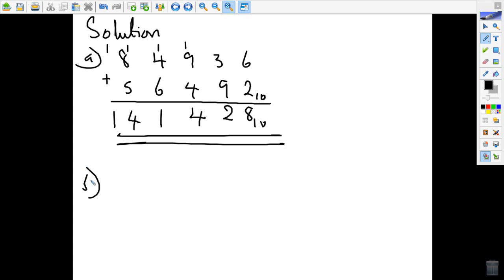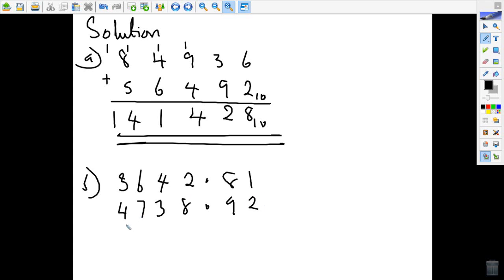Now the B. Still the same pattern. 6, 3, 6, 4, 2.81. We're having 4, 7, 3, 8.92.